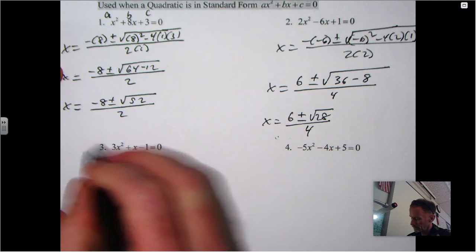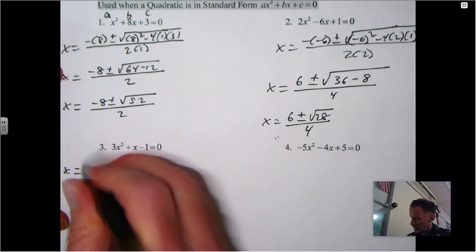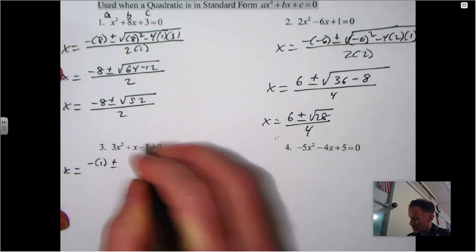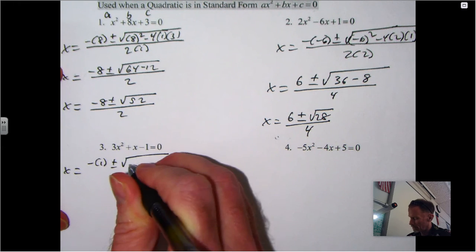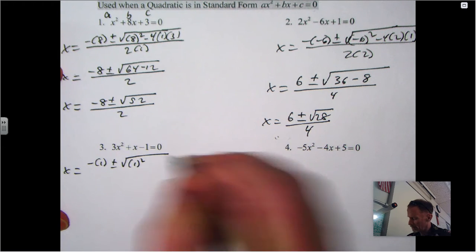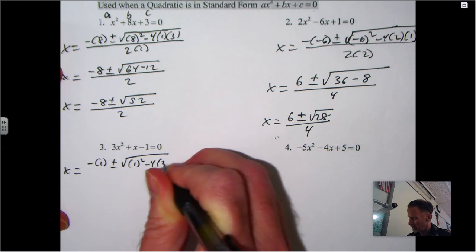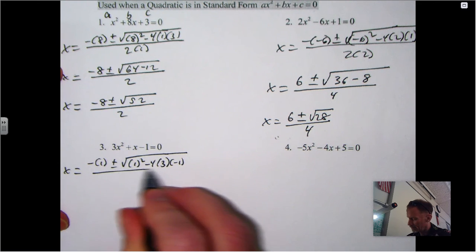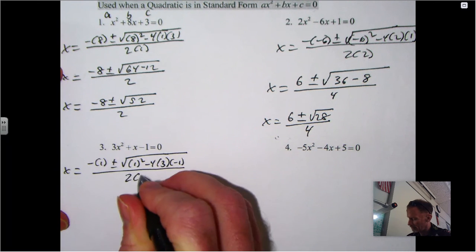Number 3, x equals negative 1 plus or minus the square root of 1 squared minus 4 times 3 times negative 1, all divided by 2 times 3.